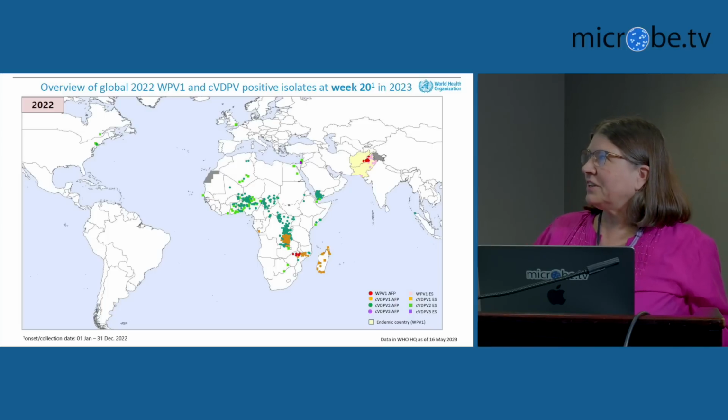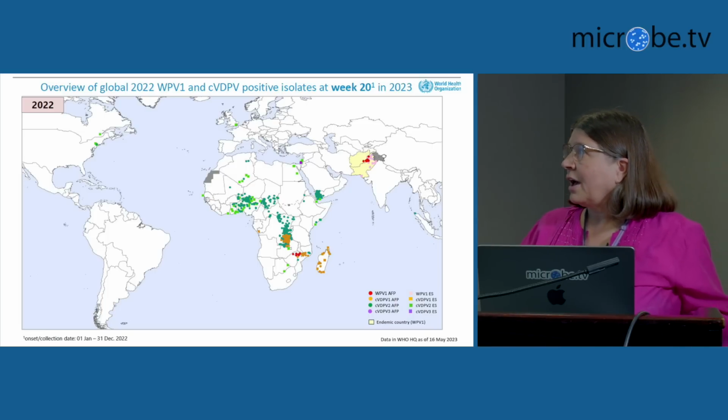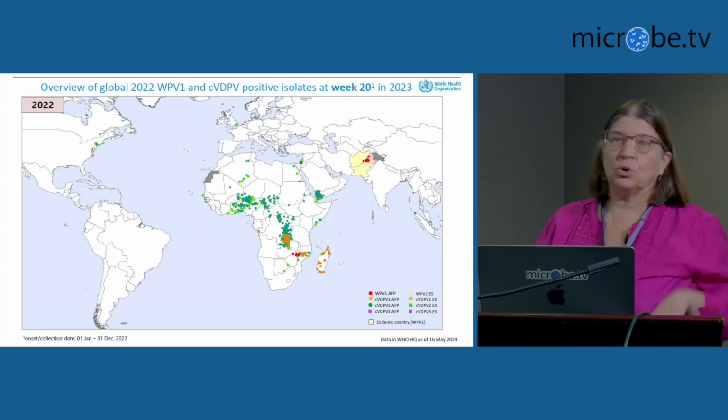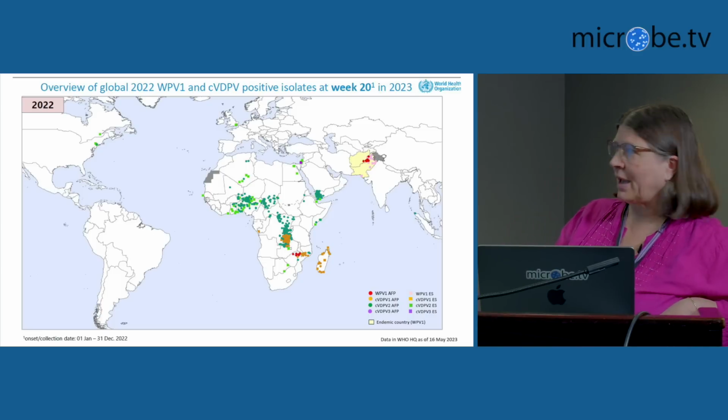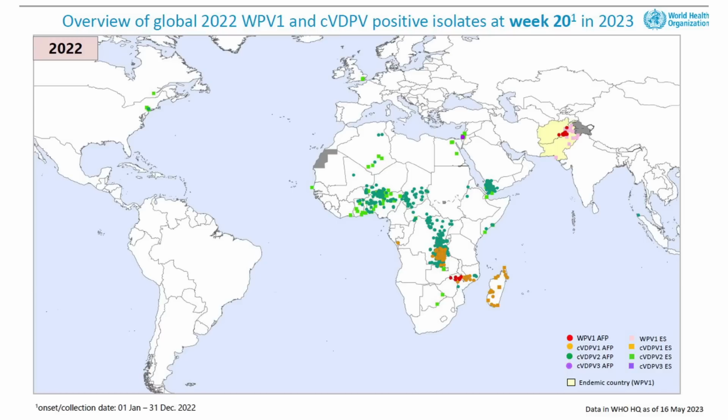If you've seen any of the WHO maps lately, you notice that there are still quite a few dots on the maps. This one in particular is 2022, showing wild polio AFP in red and wild polio environmental in pink. You see that's up in Pakistan and Afghanistan, and then a little bit here in southern Africa.